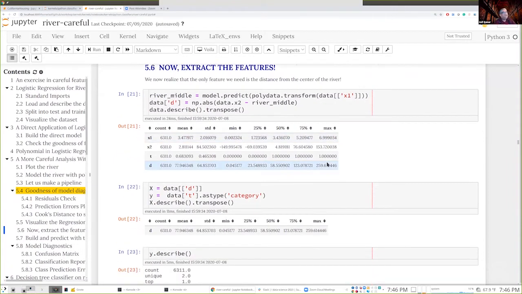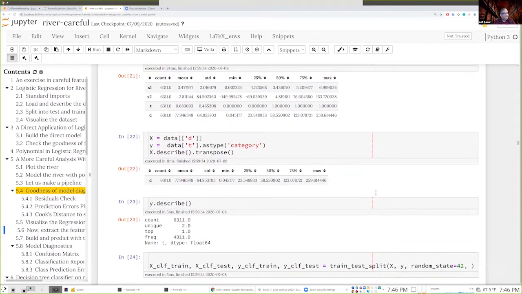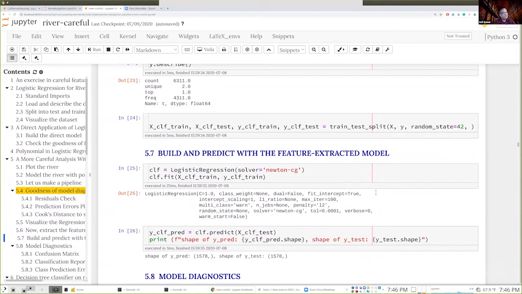We said, if we extract our features well, then we can build a very simple, in fact, one-dimensional logistic regression model. Nothing can be simpler. We transformed the problem to a very simple problem, which was a classifier in one dimension, the feature being distance from the center of the river.